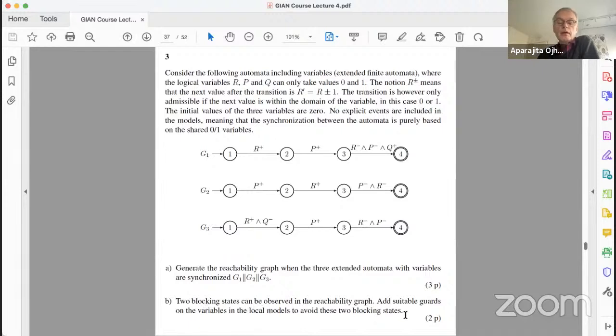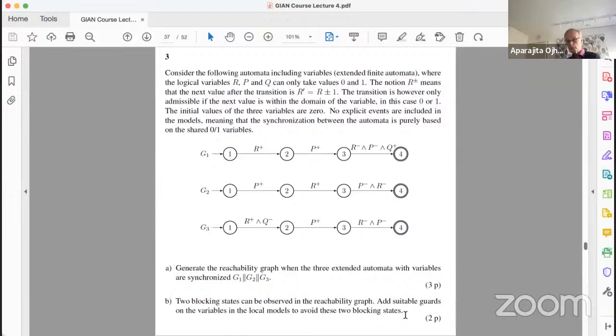And then we ask another interesting thing, and now we are really on the practical side here, because if you find problematic situations, then if you go for Petri nets, you can add these arcs, but I would say that it's a little bit complicated to do that, at least for more complex systems.